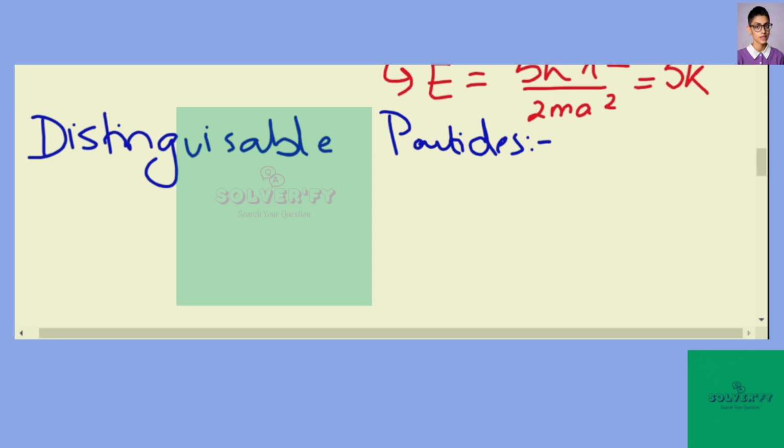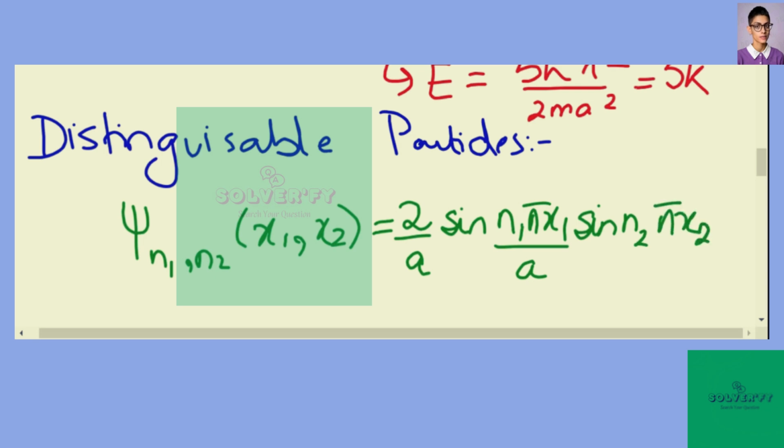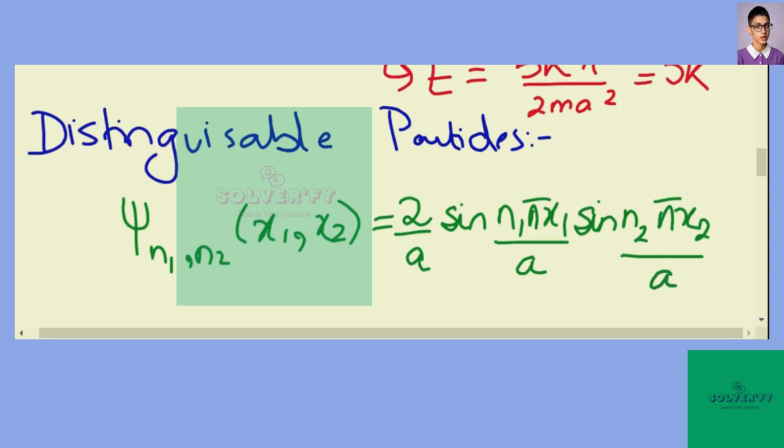For distinguishable particles, we write the total wave function as a product of wave functions: ψ n1 n2 of x1 x2 is equal to 2 divided by a, sine n1 pi x1 divided by a times sine n2 pi x2 divided by a.